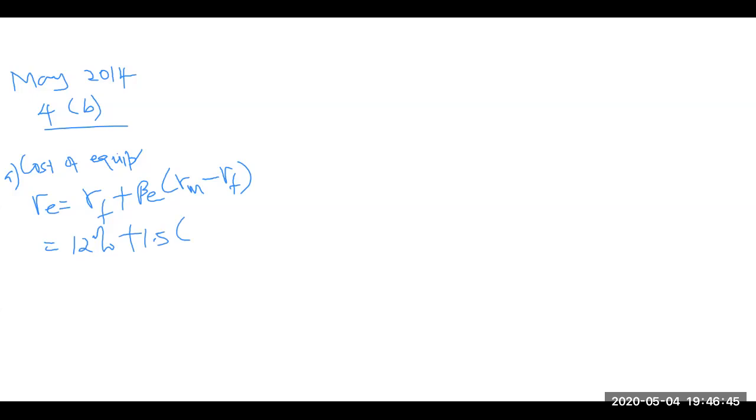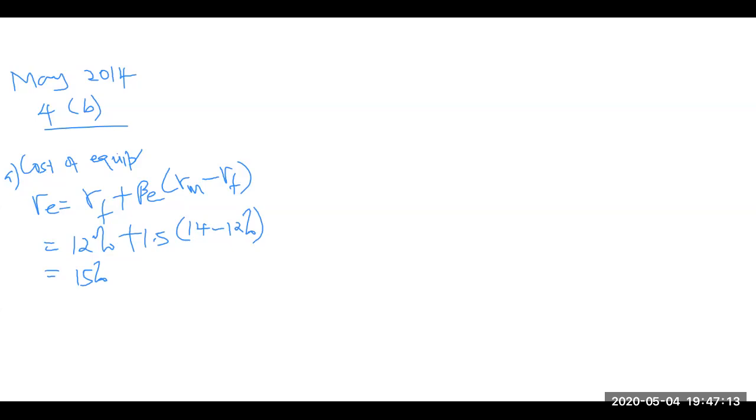The return of the market, we are told, is 14%, minus 12%, the risk-free rate of return. That will give us 15%, I guess. Let me confirm whether we get 15%. Yes, we get 15% to be the cost of equity.